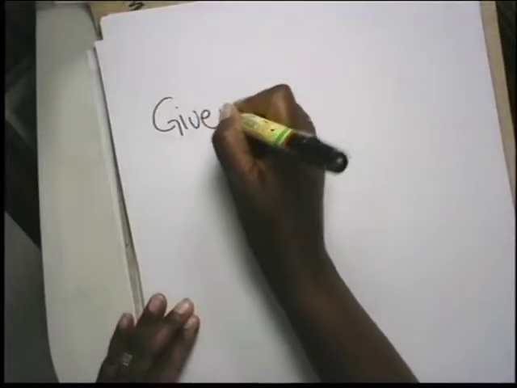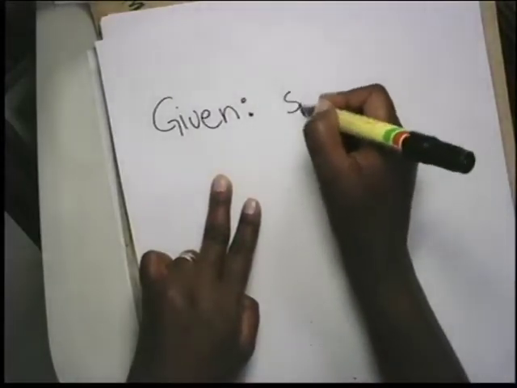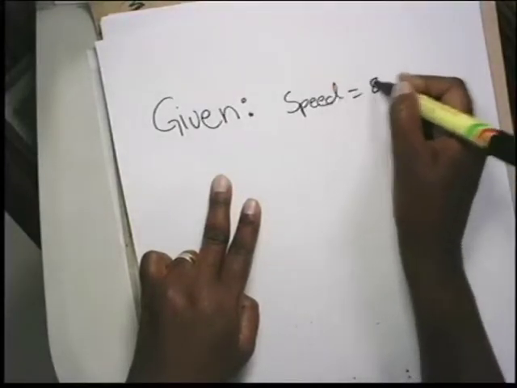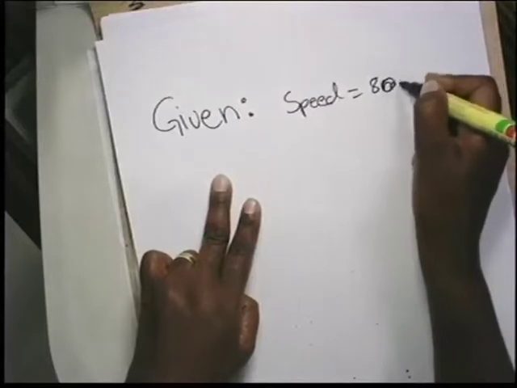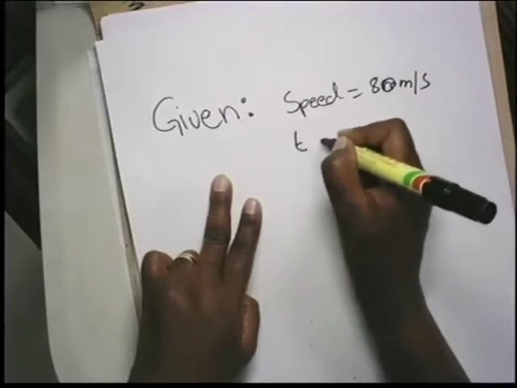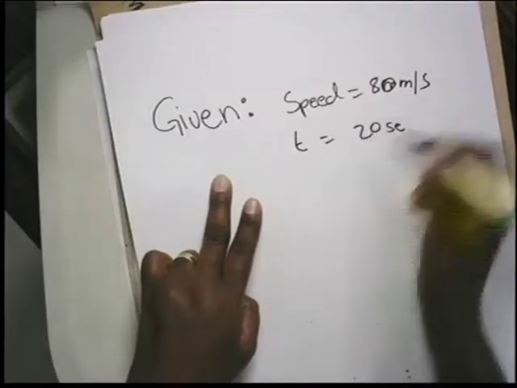What information do we know to be able to answer this question? The speed is given, which is 80 meters per second. We are given the time, which is 20 seconds.